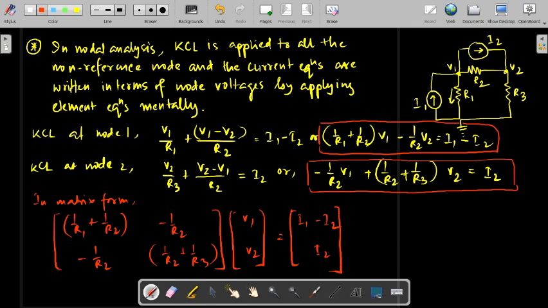So this way we can write these two equations, 1 and 2, in matrix form like this.